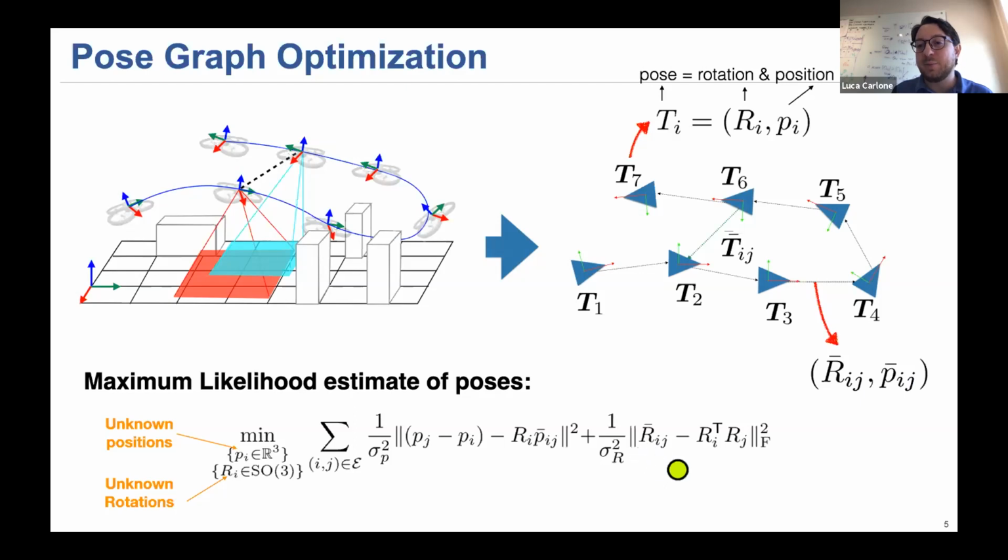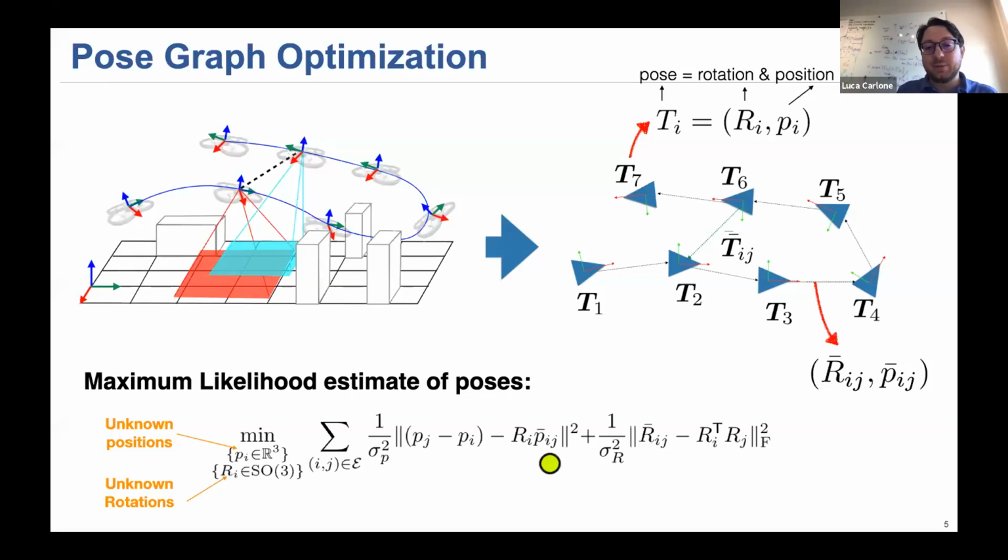And there is some norm, the Frobenius norm, which is just measuring the distance between these two rotations. And in general, there is a weighting term. The sigma is just a known weight, which is measuring how certain you are about this measurement. So the sigma will be large if your measurement has a lot of noise. The sigma will be small if your measurement is very accurate.